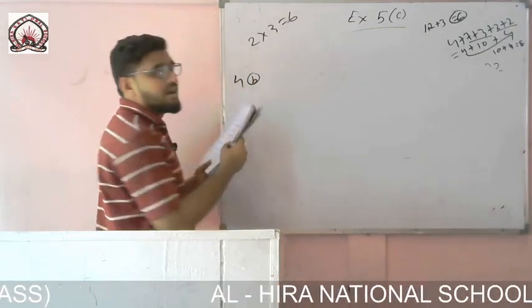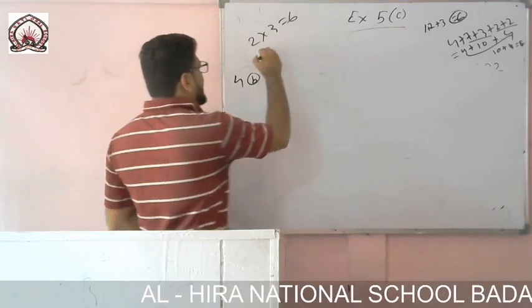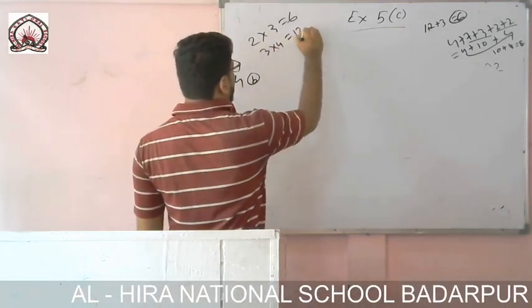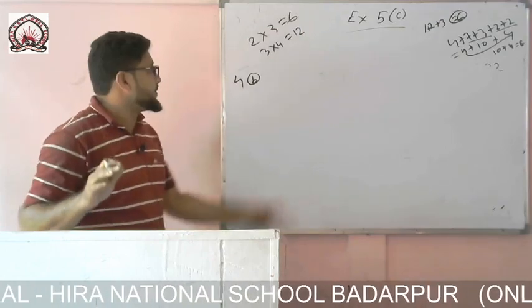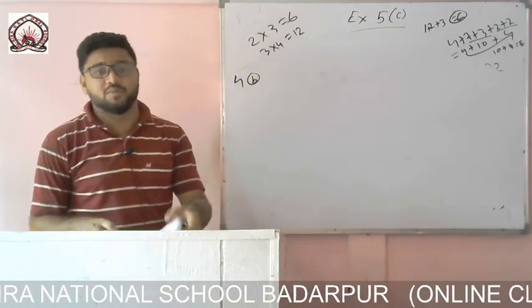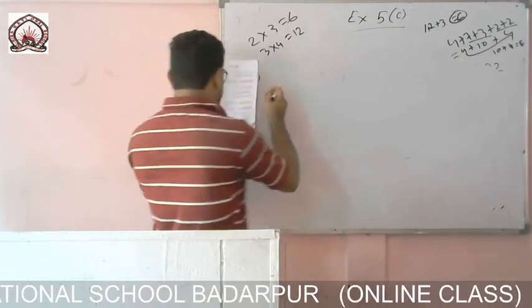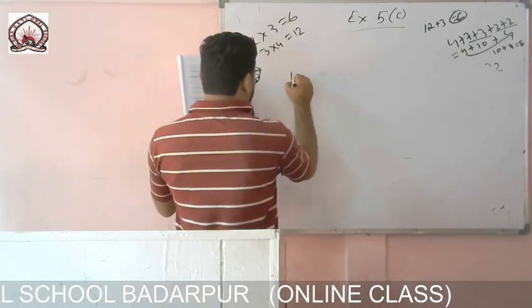How to check divisibility by 12? We know 3 4s are 12. That means if the number is divisible by 3 and 4, then the whole number is divisible by 12. So let's write the numbers.